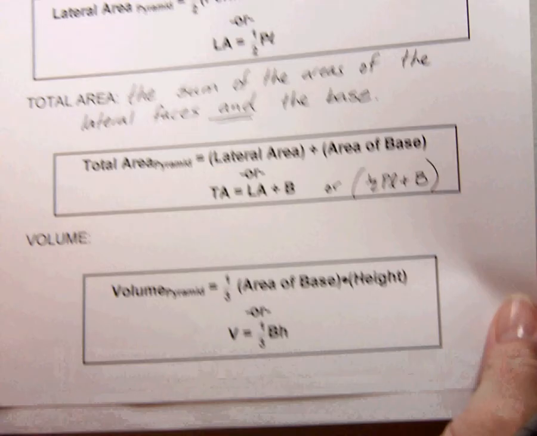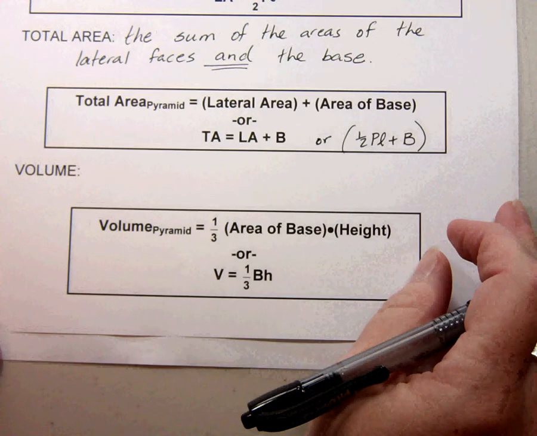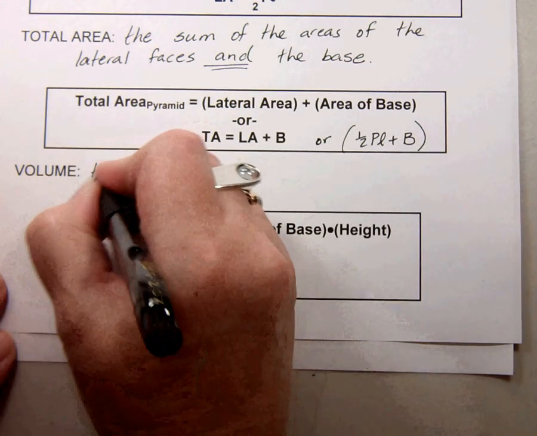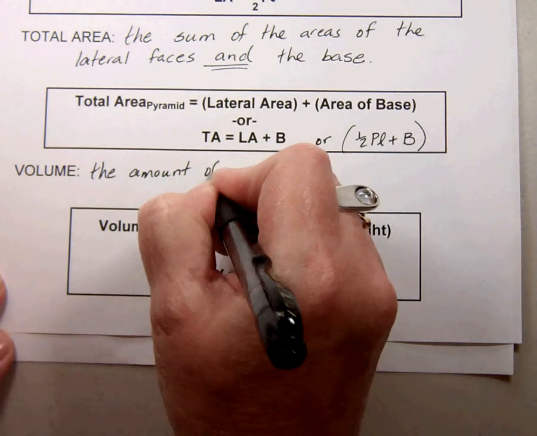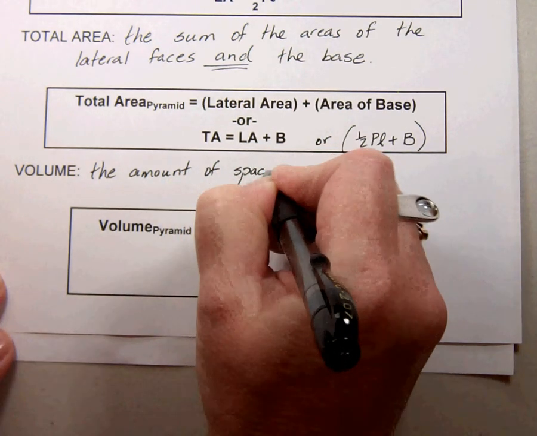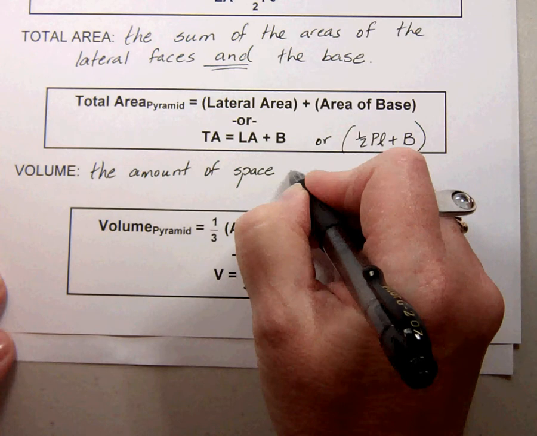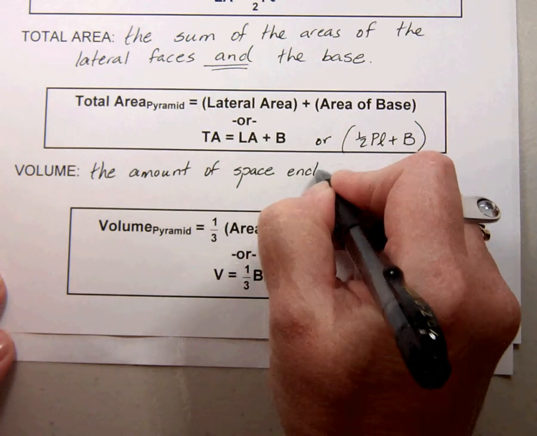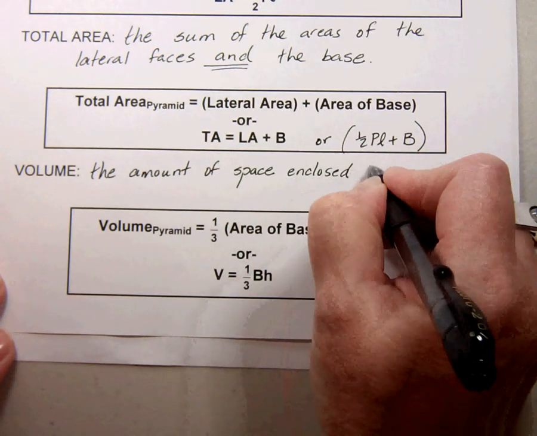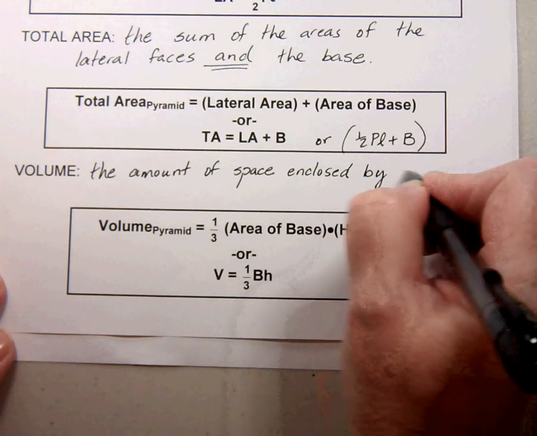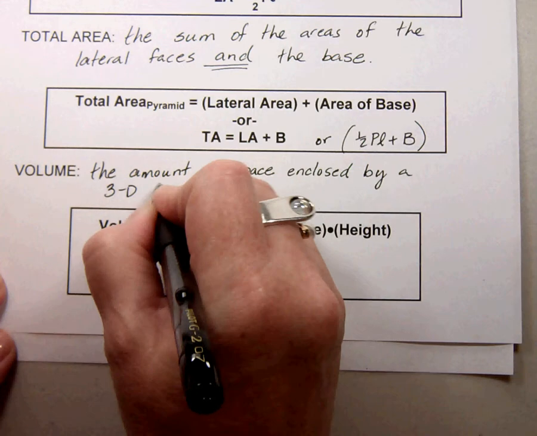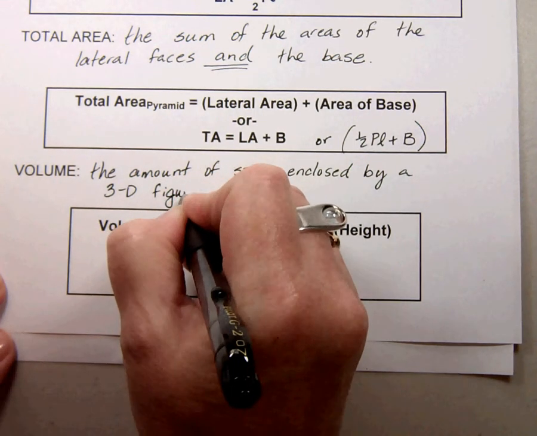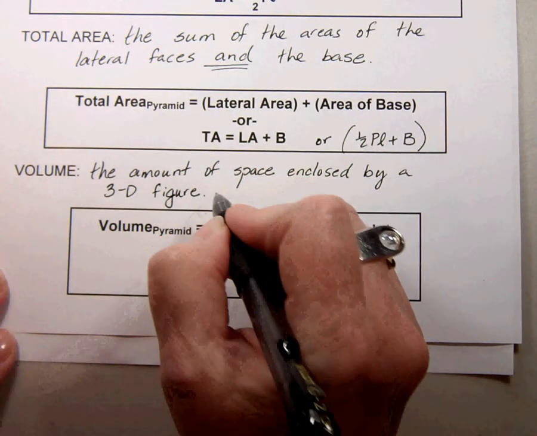Okay, the last definition on this page is volume. And volume is the amount of space enclosed by a 3D figure. It's actually the amount of cubic units.